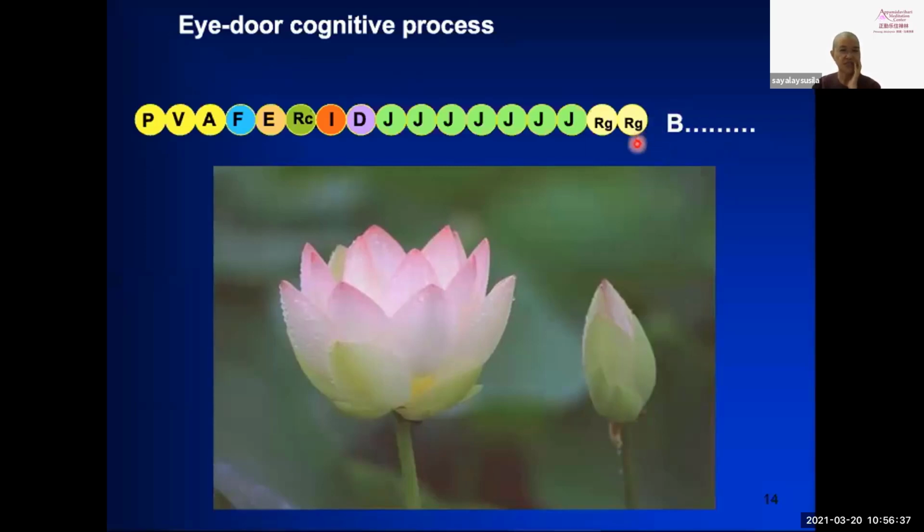Okay, so here, registering consciousness, you may ask, I think somebody has already asked this question. In the 89 types of consciousness, we do not find any consciousness called registering consciousness, right? So what is this? Where does it come from? It's out of the 89 types of consciousness. So registering consciousness is the same as investigating consciousness.